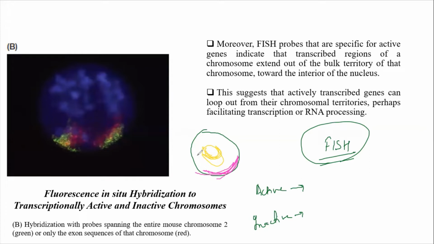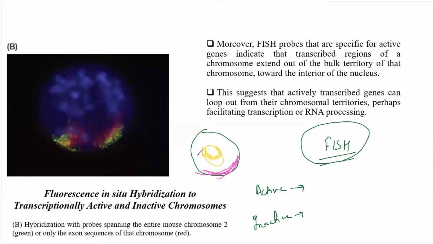So when I'm going to stain it and use the fluorescent in situ hybridization technique, it might indicate that the fluorescently labeled pink color is indicating the inactive regions, and the yellow color ones are indicating the active region.